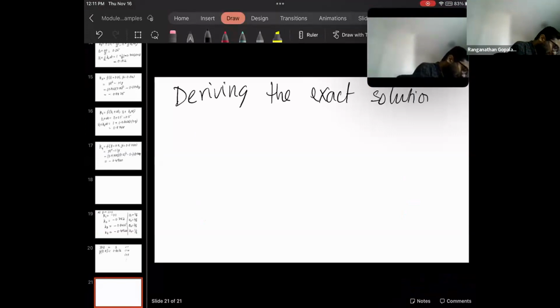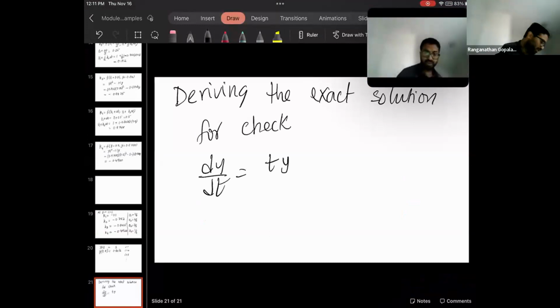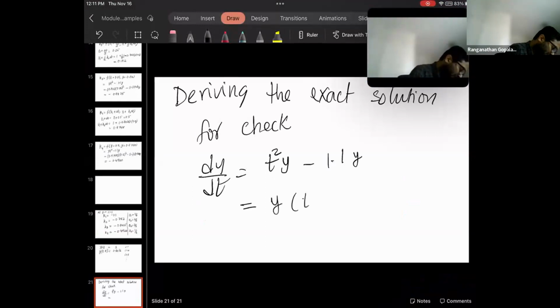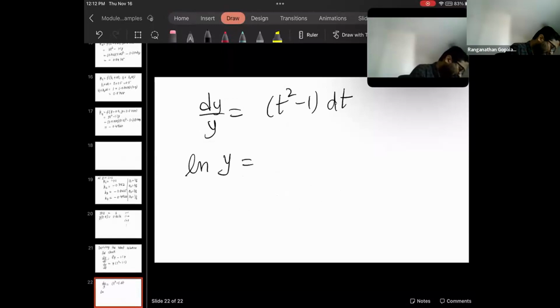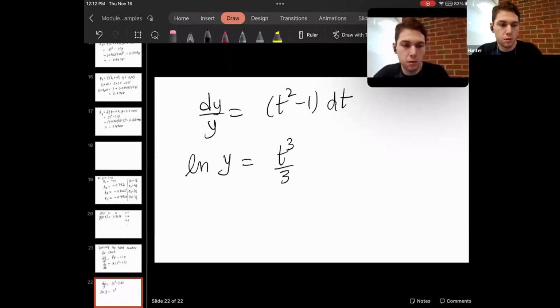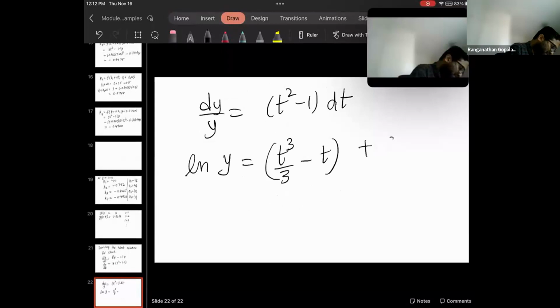Exact solution for check. dy by dt equals t squared y minus 1.1 y, which is y times t squared minus 1.1, which you can now integrate using whatever you learned in differential equations class. dy over y equals t squared minus 1 times dt, and integrating both sides, ln of y equals t cubed over 3 minus t plus a constant.